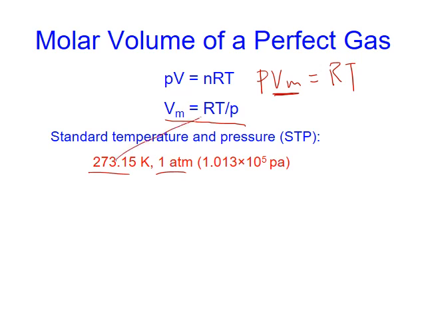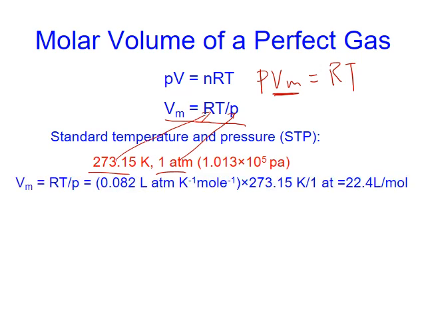So plugging in standard temperature and pressure, we can calculate the molar volume to be 22.4 liter per mole. So all gases at the standard temperature and pressure should occupy 22.4 liter.